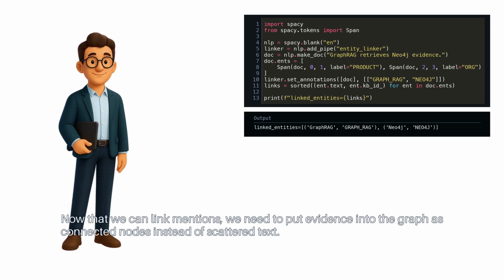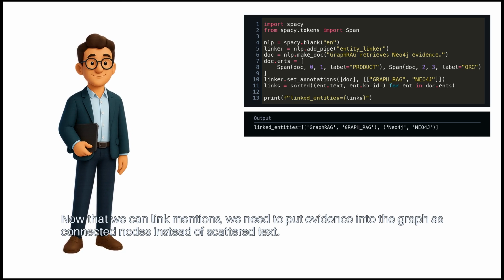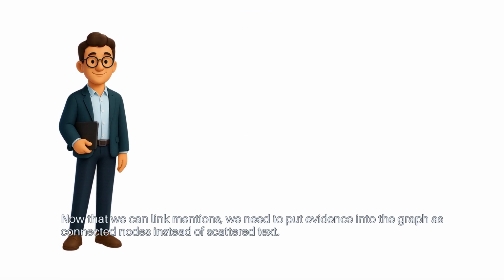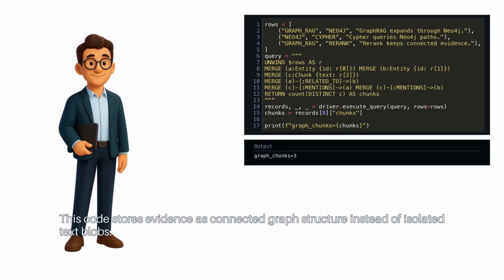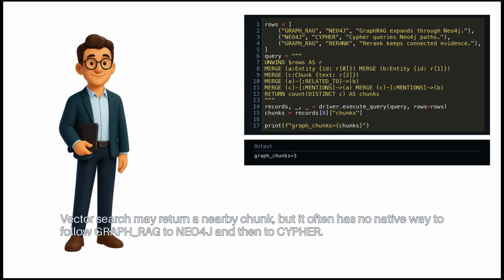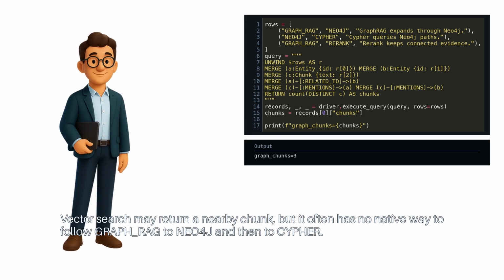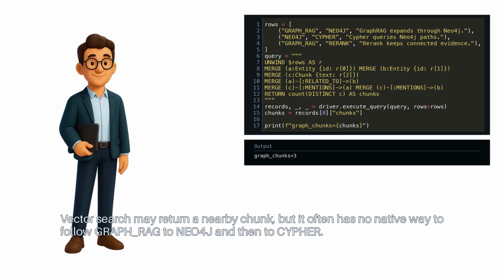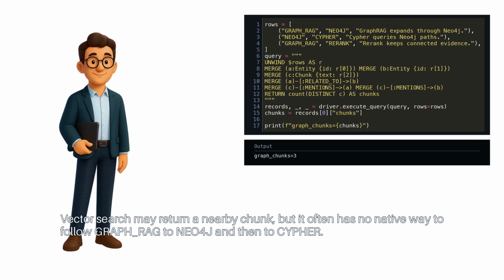Now that we can link mentions, we need to put evidence into the graph as connected nodes instead of scattered text. This code stores evidence as connected graph structure instead of isolated text blobs. Vector search may return a nearby chunk, but it often has no native way to follow GraphRAG to Neo4j and then to Cypher.